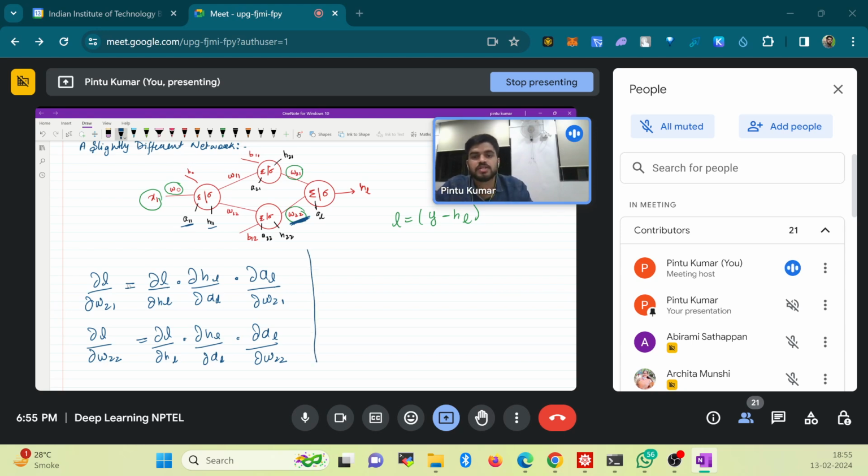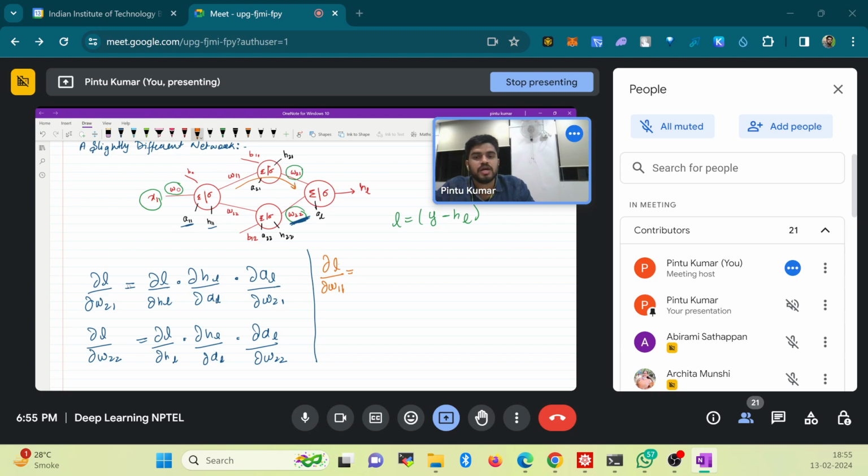Now, the next task is to find del L by del W11. This is what I want to find. If you see W11, this is the path we should follow.